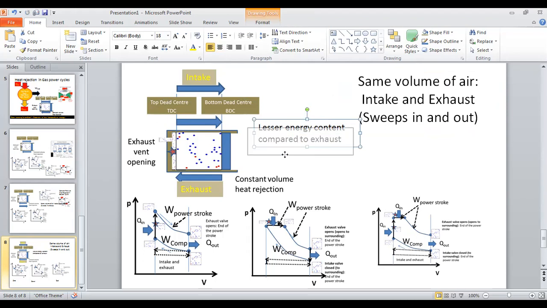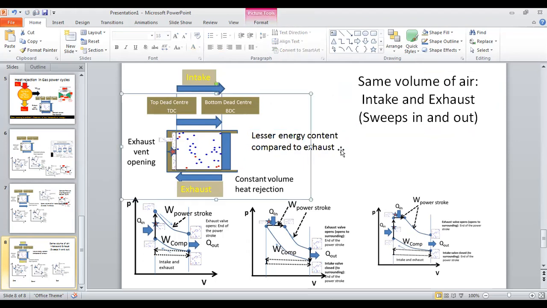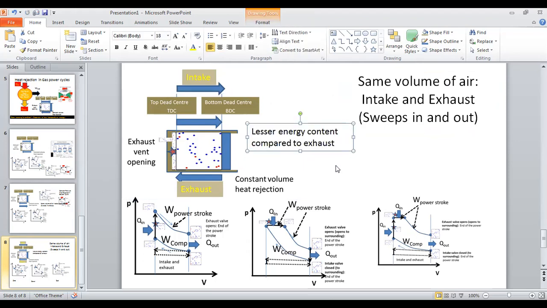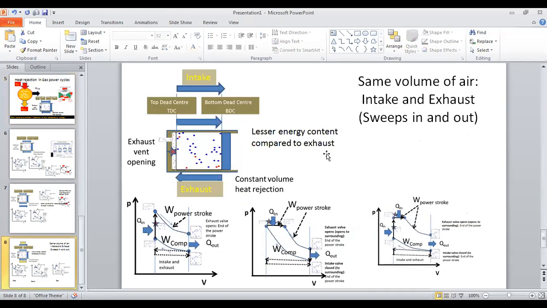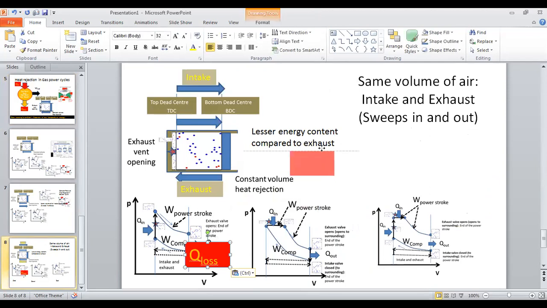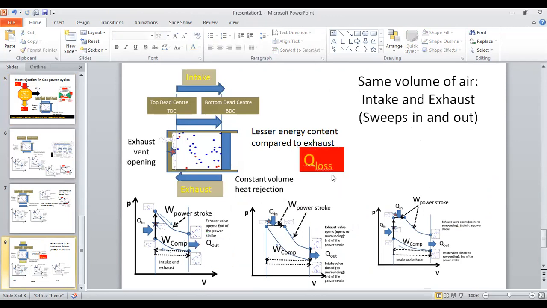So this is related to Q out. In our case, you have Q out, and of course we mentioned not as out but Q loss.